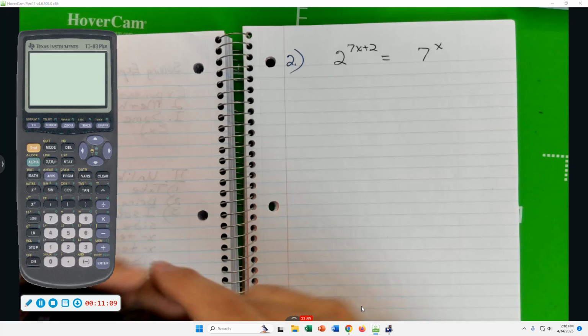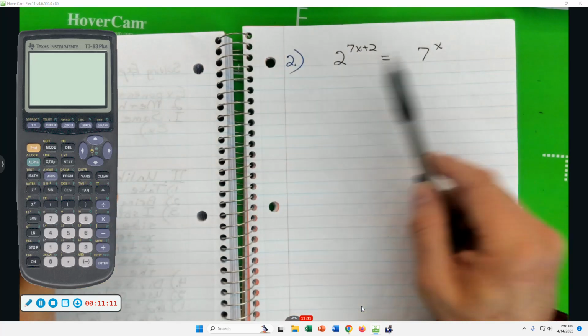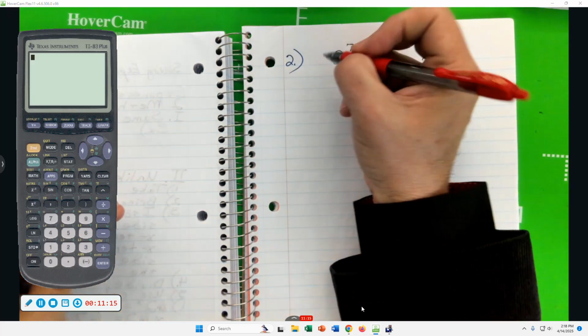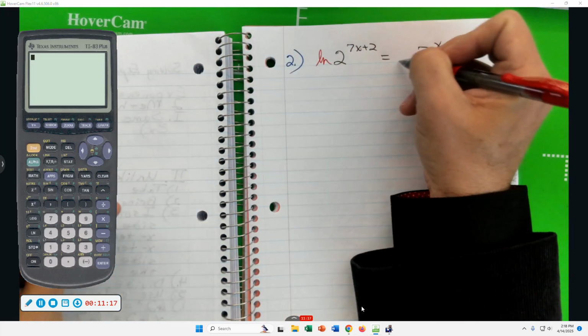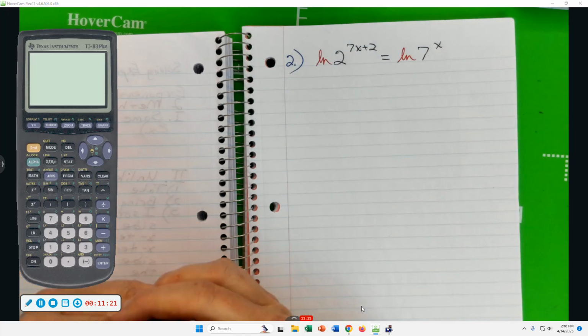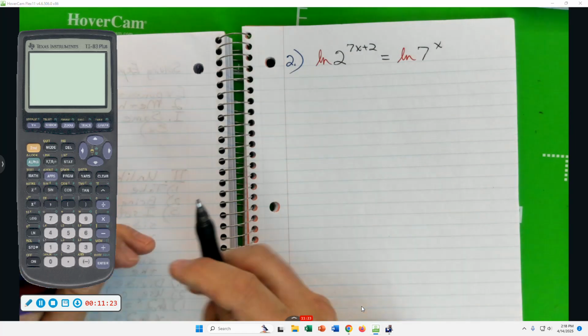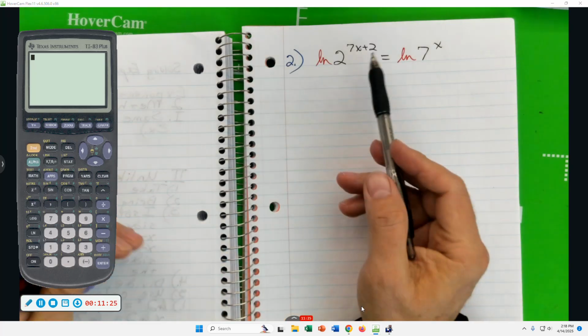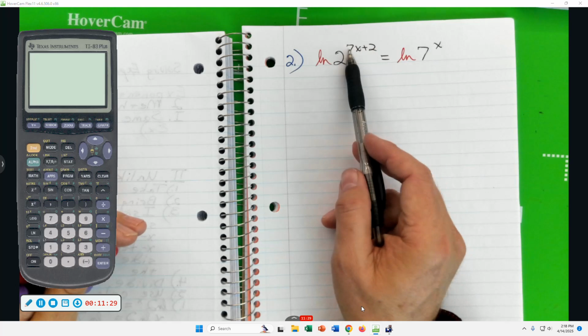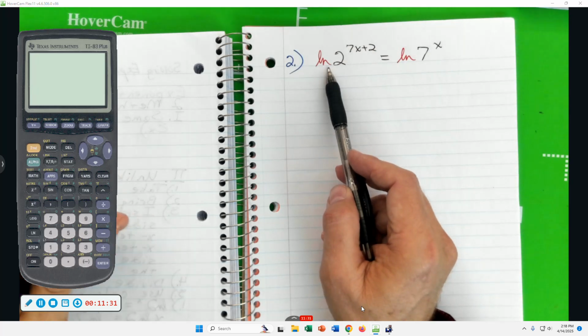Once again, 2 and 7, you can't get a common base there, so we'll stick an ln in front of both sides. The reason we stick that ln is so we can use the power rule to bring down the exponent. Realize that entire exponent has to be multiplied by ln2.